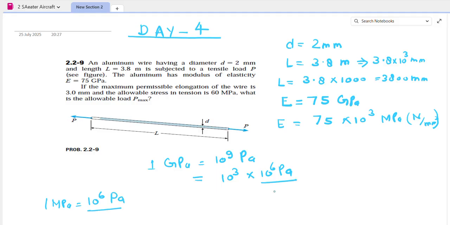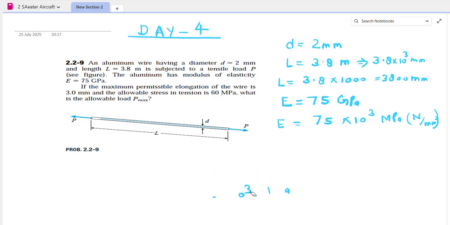So 1 gigapascal is equal to 10 to the power 3 megapascal. Based on that I directly wrote 75 times 10 to the power 3 megapascal, that is, Newton per millimeter square. Let me proceed further.